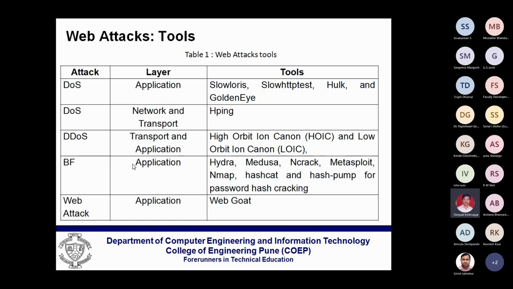Now, as we know, many attacks are directed towards web applications. What are these attacks? Denial of service or distributed denial of service attacks, brute force, or SQL injection attacks come under web attacks.